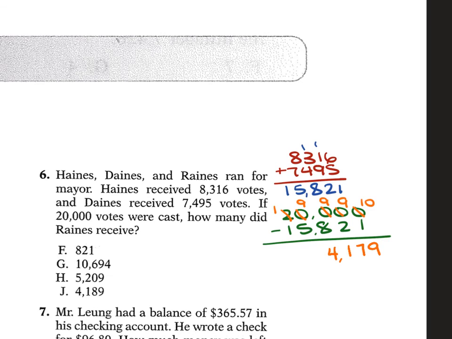So that's 4,179. This should be a 7. Did I not do this right? 11, 10, 11. That's why. So this 2 should be a 1. This should be a 1. This should be a 1. So this is an 8.